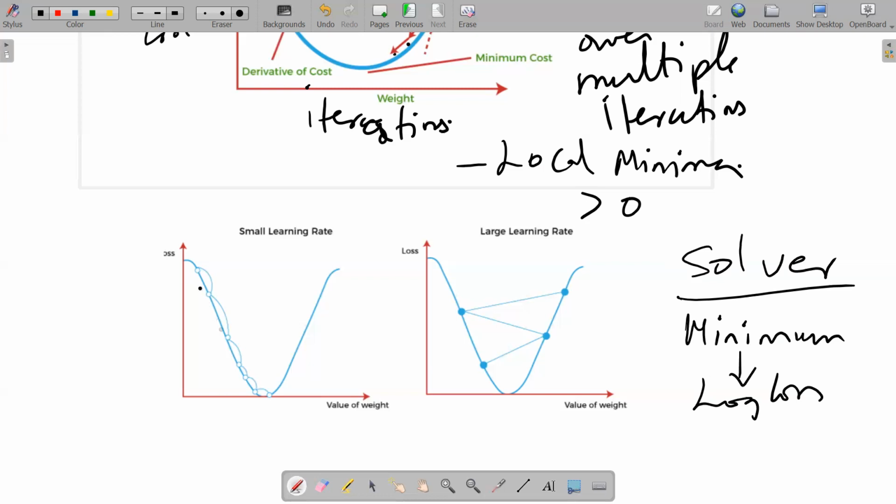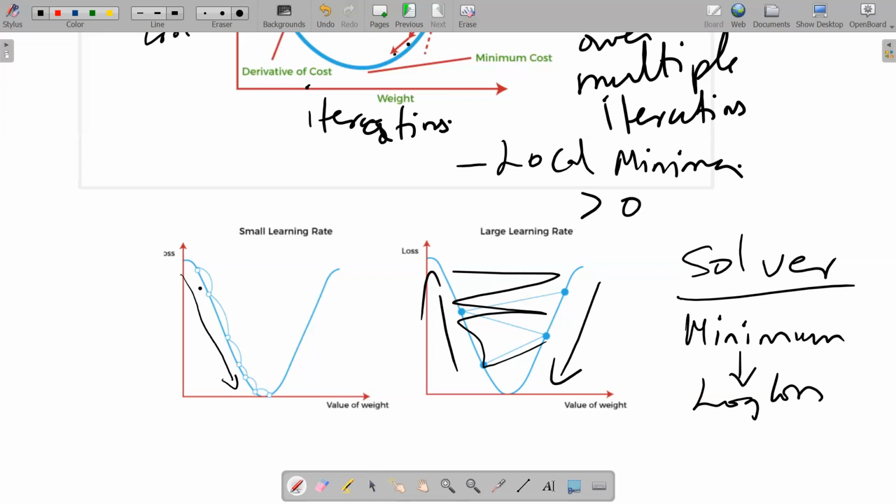So this is the policy you should follow in a neural network. Smaller learning rate or smaller weight adjustments should be done such that you stay on one side of the error. Otherwise, you keep on bouncing like this and you will never reach your goal. You want to reduce the error, but it is increasing the error. So the weight adjustment is also very important in the gradient descent algorithm.